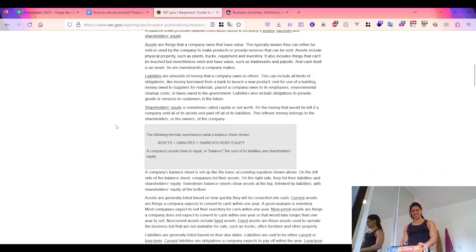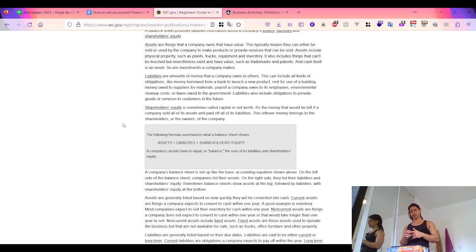the cash flow statement analyzes the cash flow from one of these types of business activities: operating, financing, and investing.